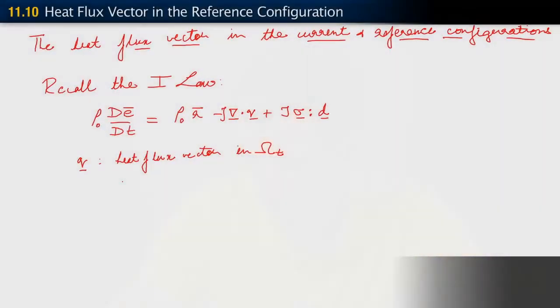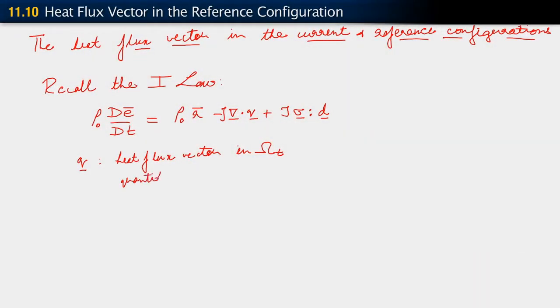So it is defined as the quantity of heat crossing a unit area, where that unit area is in the current configuration.